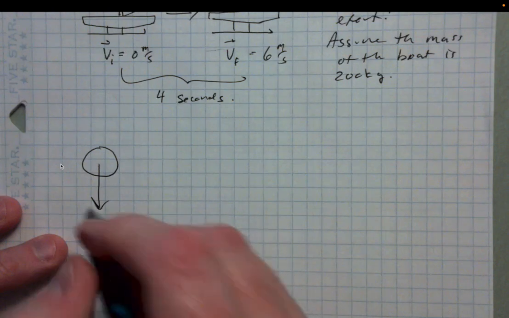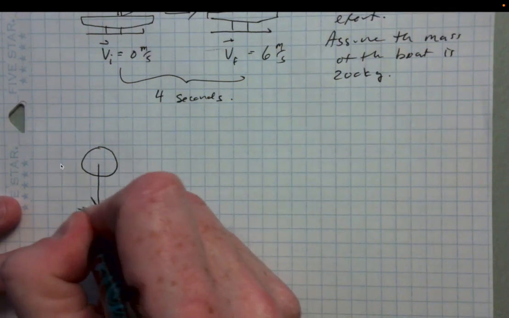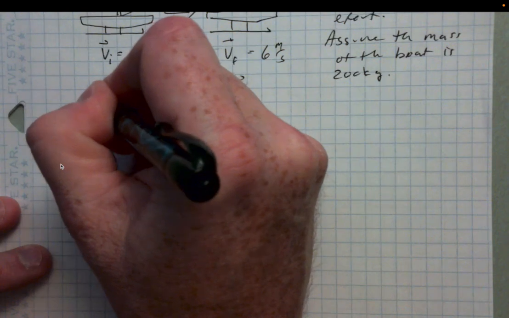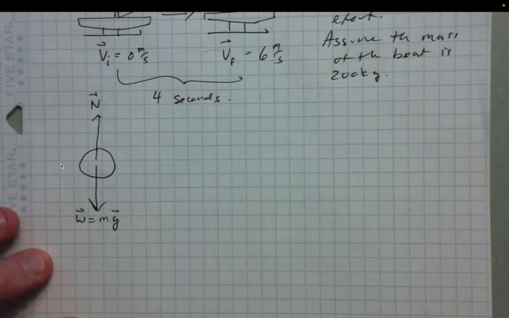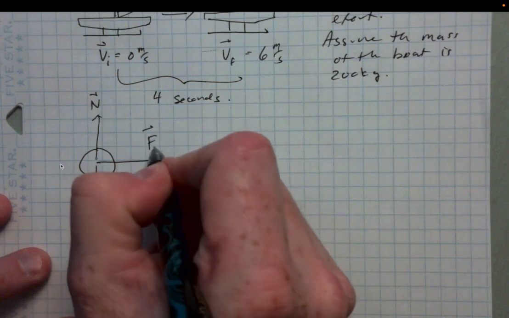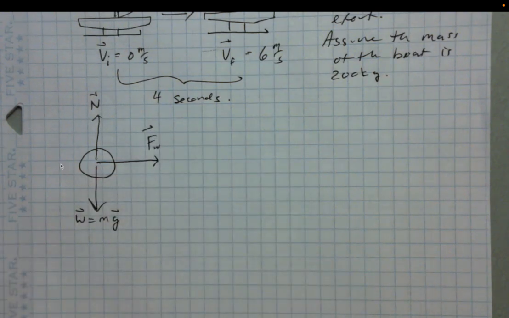You've got the weight of the thing. You've got the normal force at work here, of course, since it's suspended on the surface. And then you've got the wind pushing it. There's nothing else. There's no friction involved.